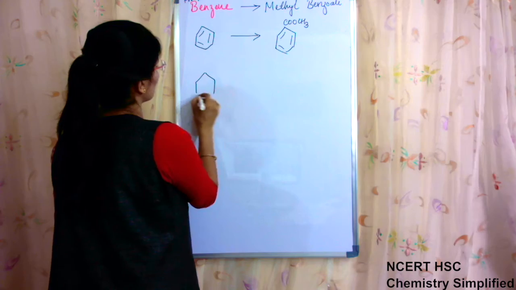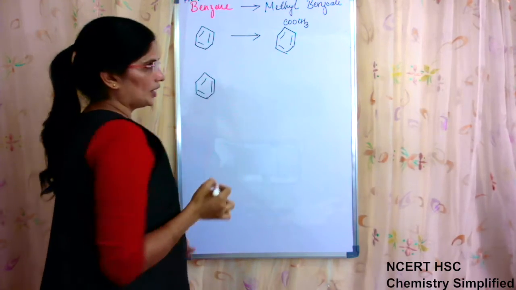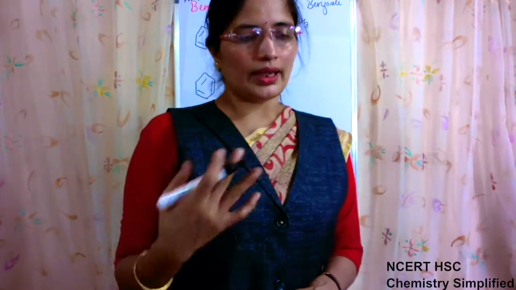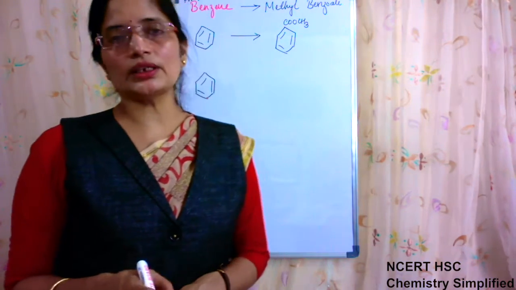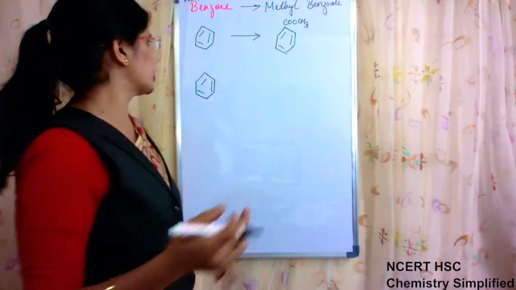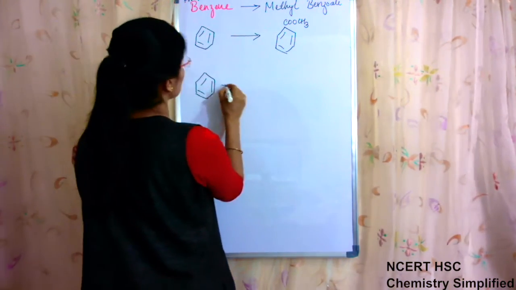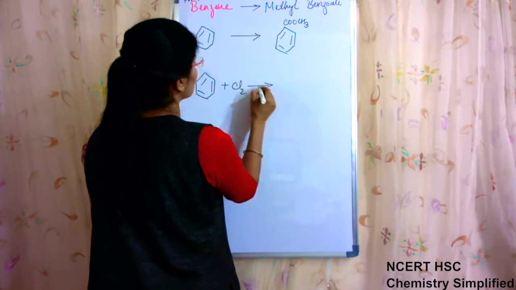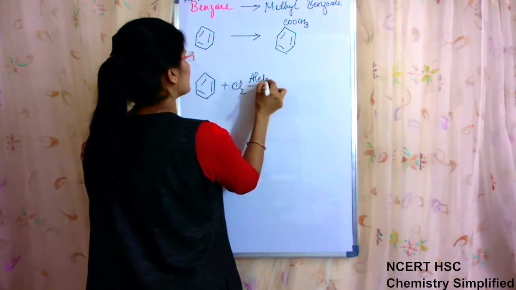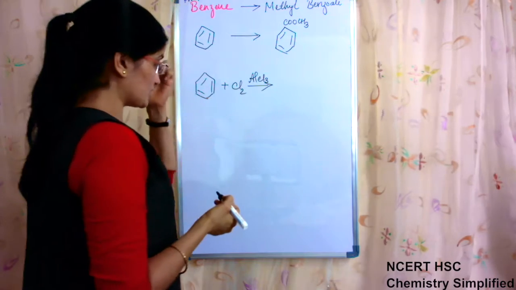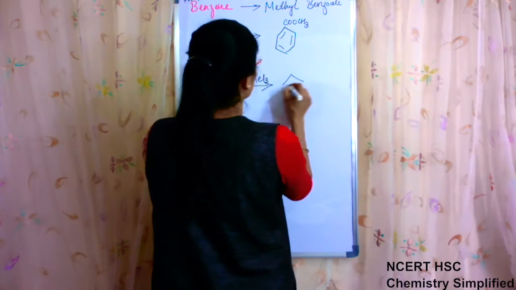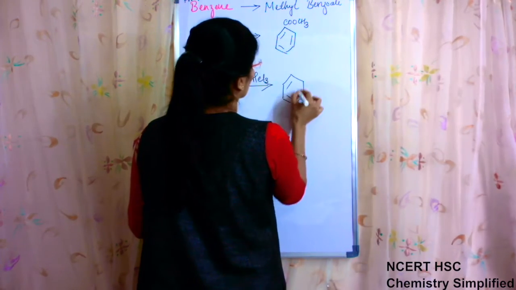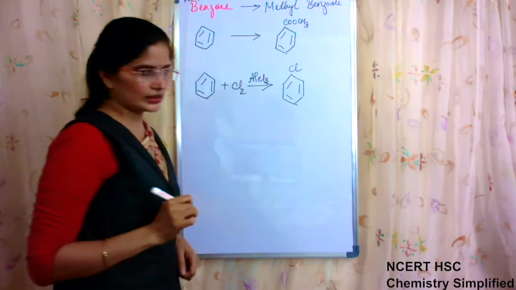So benzene first. I told you that halogen derivatives are the most convenient compounds to carry on the conversion. So the first thing we will try is halogenation of benzene with the help of AlCl3, an electrophilic substitution reaction of benzene, which will form chlorobenzene. Okay?